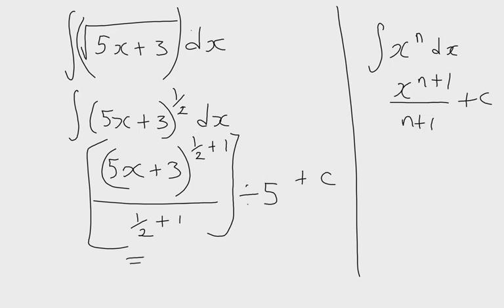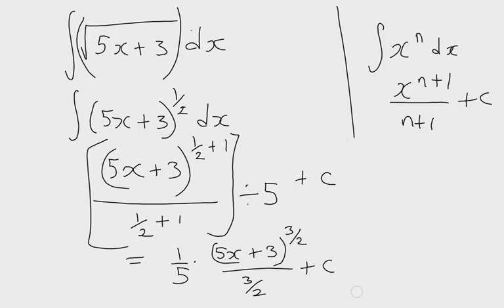And then that will now be 1 over 5 times 5x plus 3 to the power of 3 over 2, divided by 3 over 2, plus C. And then it will now be equal to 2 over 15 times 5x plus 3 to the power of 3 over 2, plus C. So that's the answer to that question.